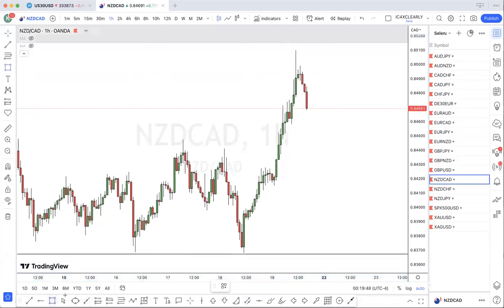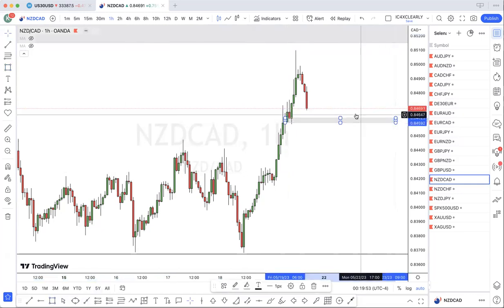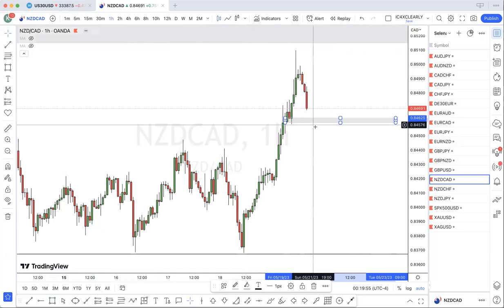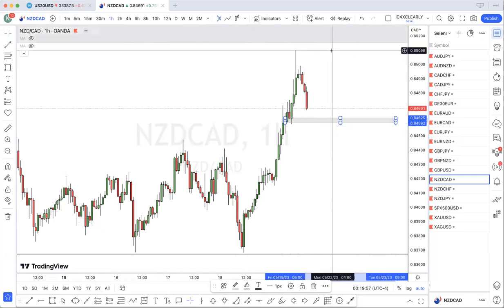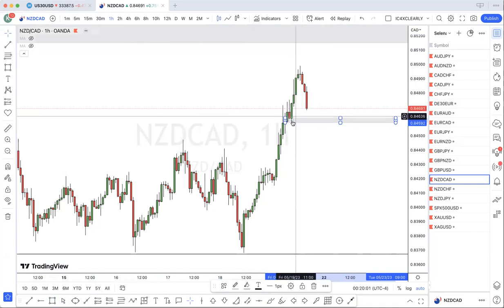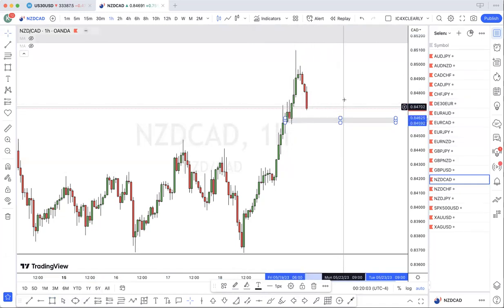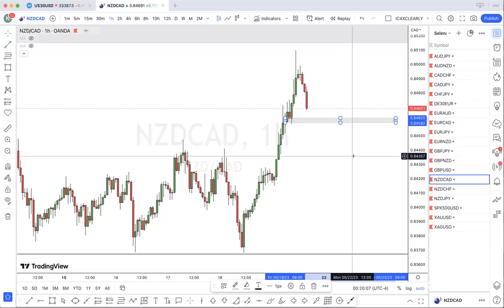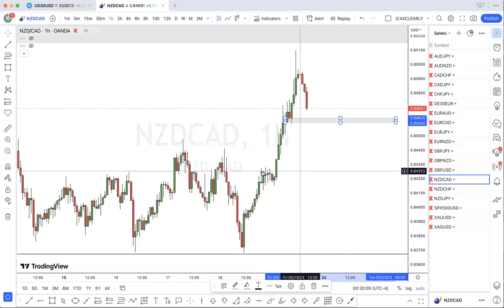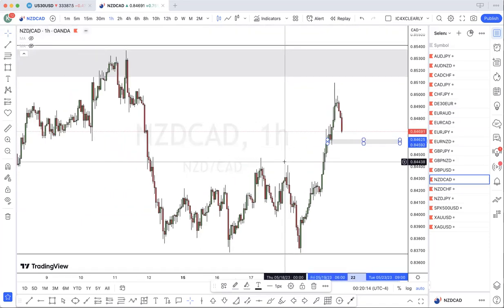So I would be expecting price to come here, give a double bottom, and then continue buying up. If price breaks this low here, then I would look for the pullback and then a sell down to somewhere in these imbalances.